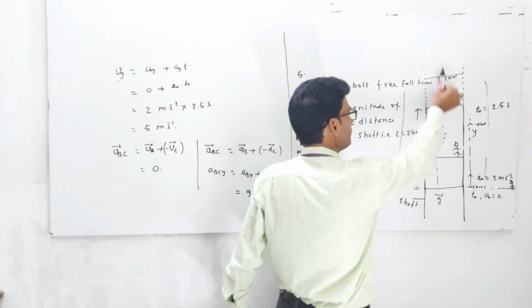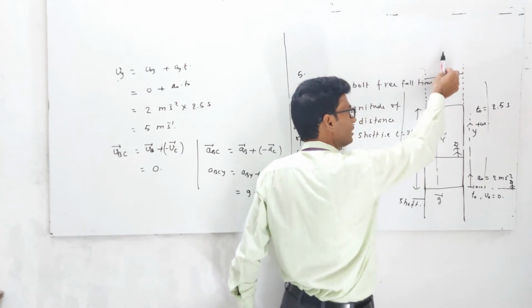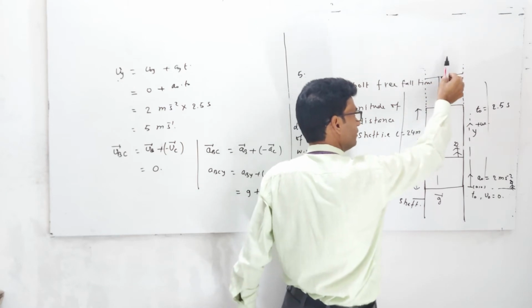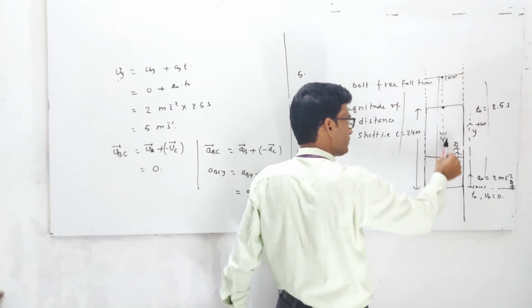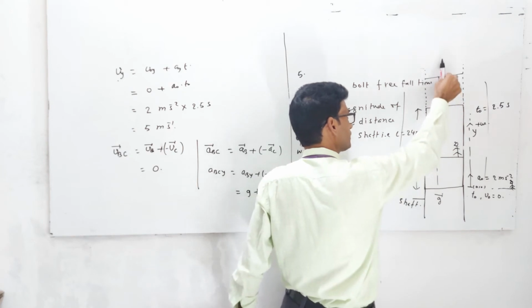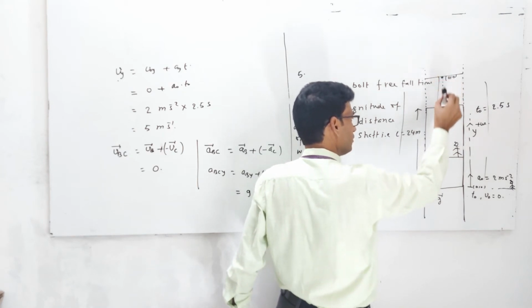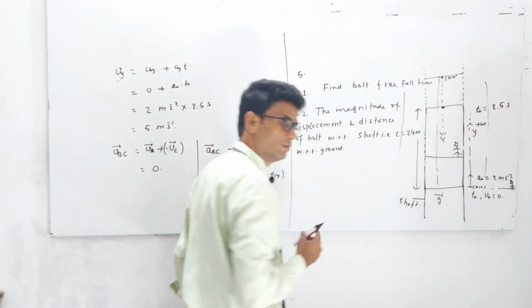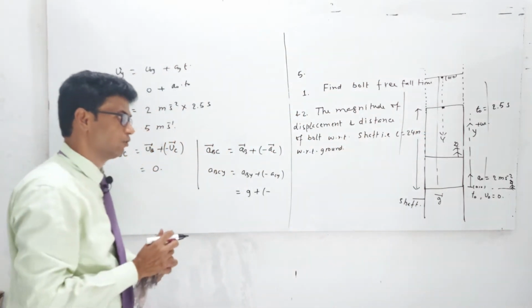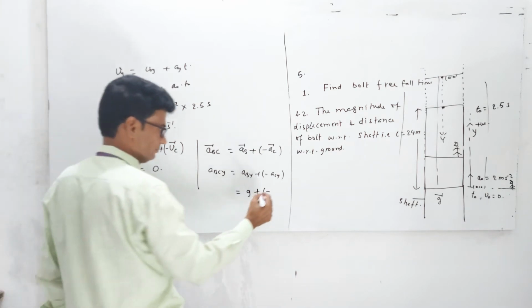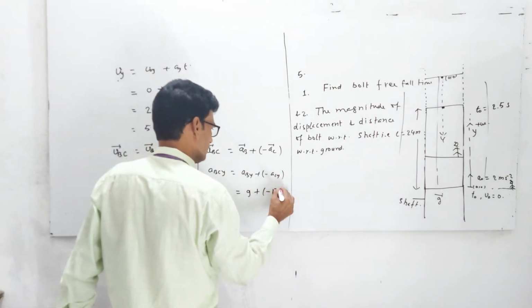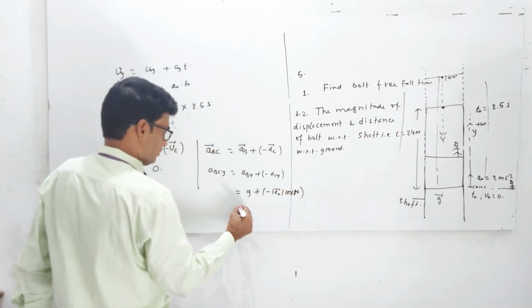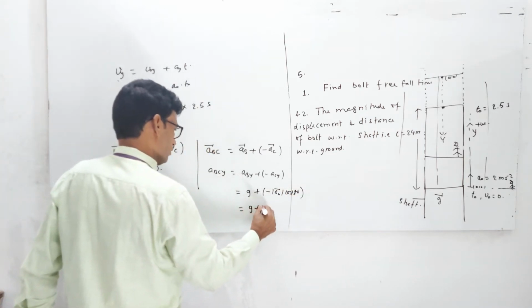Look at here, still the cabin is moving upward. After detachment, there is no change in the acceleration of the cabin. Because this direction is taken as positive, we have to take the component of this acceleration in the assumed positive direction, that is vertically down. So mod A naught vector cos 180 degrees comes out to be G plus A naught.